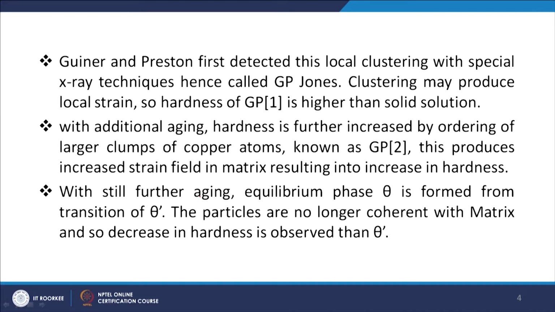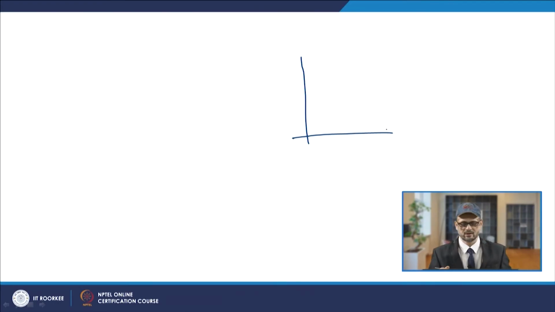So, that is GP zone, in fact this has to be Z. So, GP zone has to be there. So, what you can see is that when he did this for the aluminum copper system, this was with aging time and particle size.